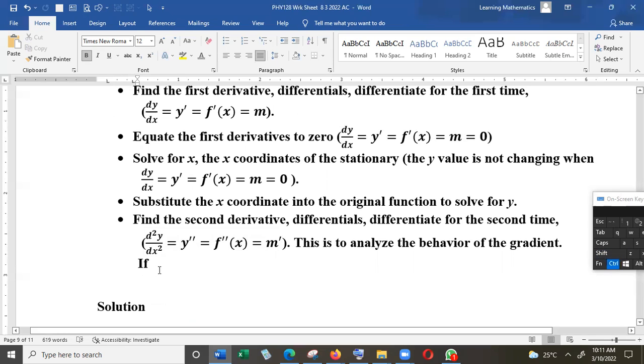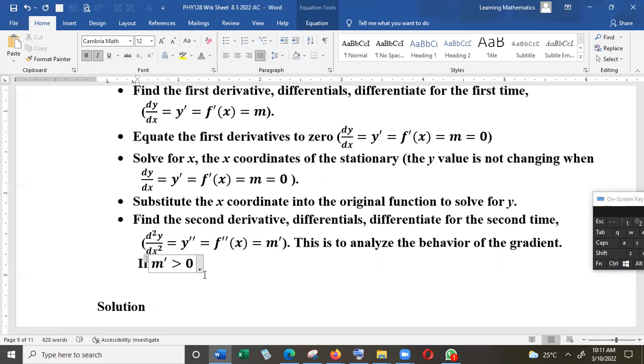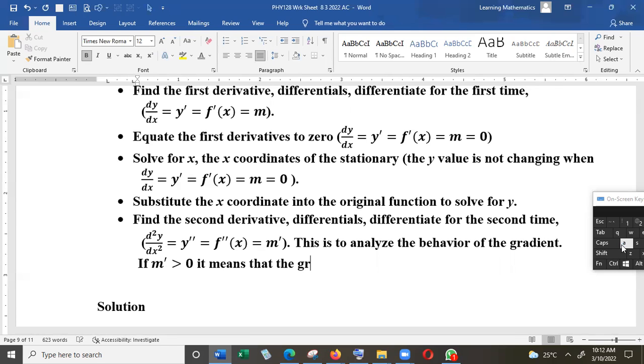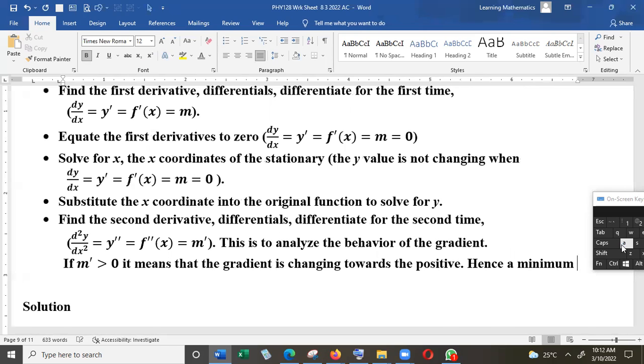So if m prime is greater than 0, it means that the gradient is changing towards the positive. Hence, a minimum is created.